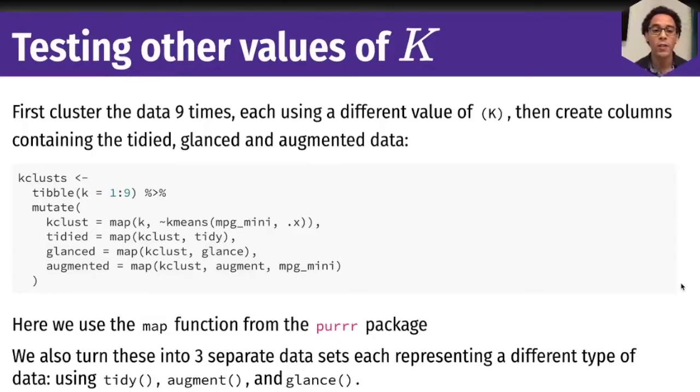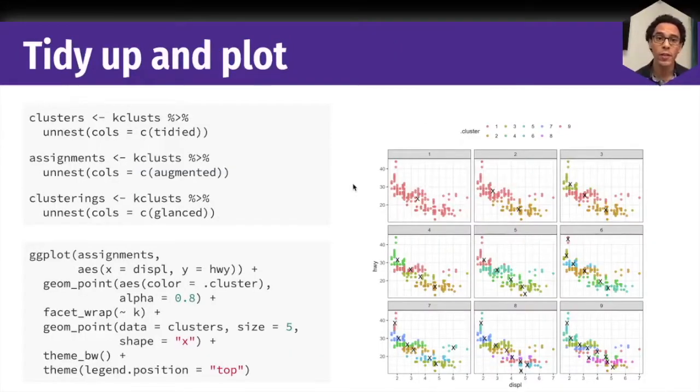What we have just created is something that we can then use to turn that information into 3 separate datasets, each representing a different type of data, using tidy, augment, and glance from the broom package. Now we can tidy up our data, tidy up our model, and do some data visualization for our results.